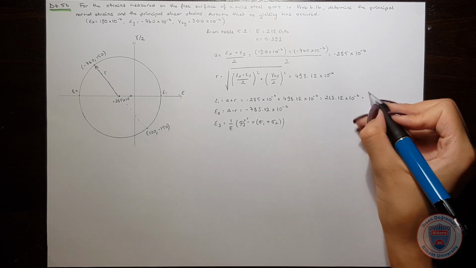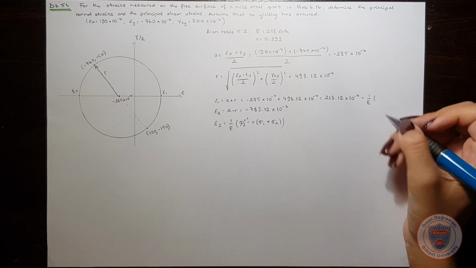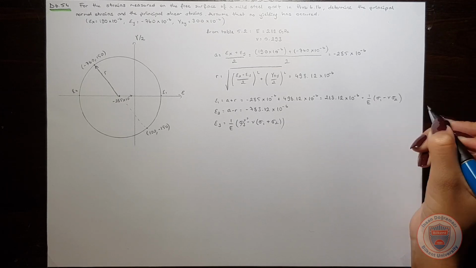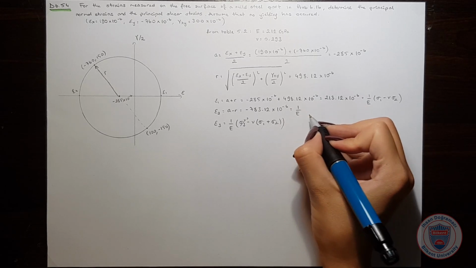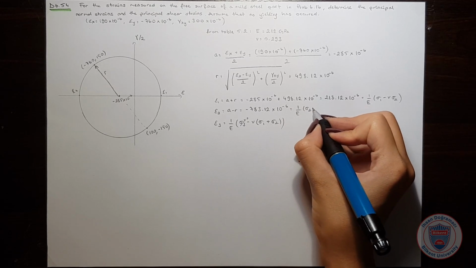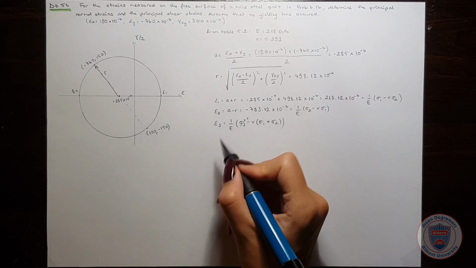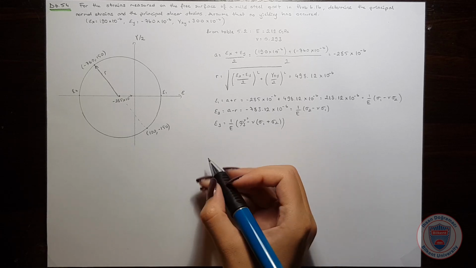We know that epsilon 1 is equal to 1 over E times sigma 1 minus Poisson's ratio times sigma 2, and epsilon 2 is equal to 1 over E times sigma 2 minus Poisson's ratio times sigma 1. I will first add epsilon 1 and epsilon 2 together.